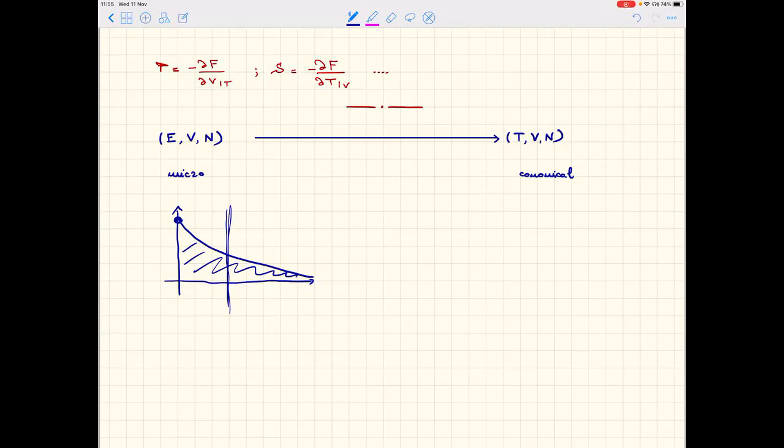Now, the statement I'm making here is not that the average is the most probable value. What I'm saying is that in the thermodynamic limit, as we will see, the distribution function becomes strongly peaked around the average value.